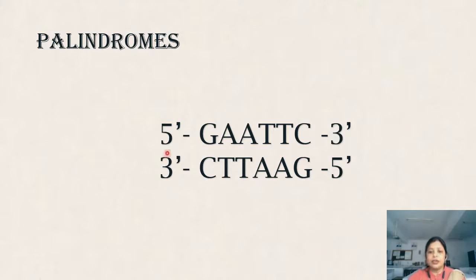You can see here in the top sequence GAATTC 5' to 3'. The second one, the anti-parallel complementary strand, is GAATTC from 5' to 3'. These sequences are known as palindromic sequences. This GAATTC is recognized by EcoR1, the restriction enzyme of E. coli.